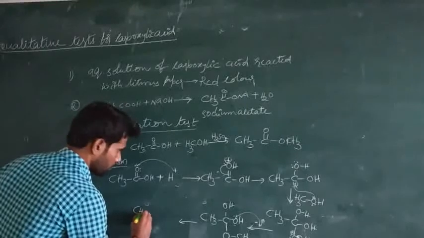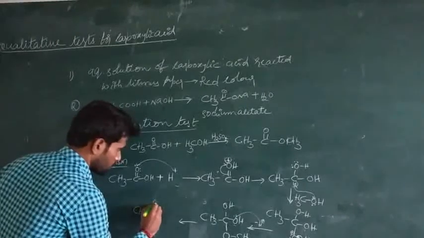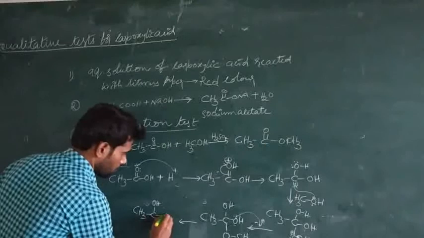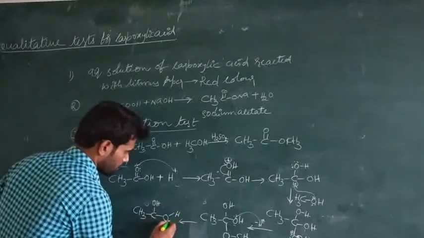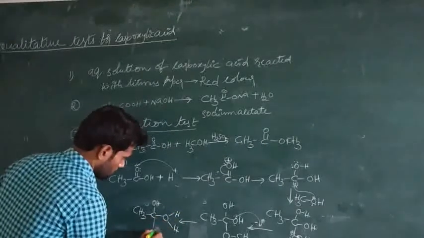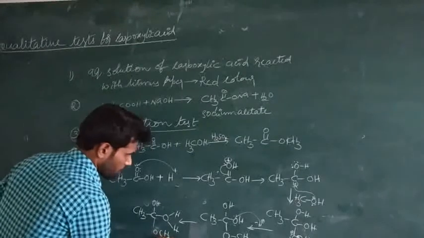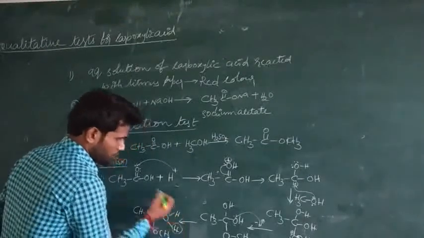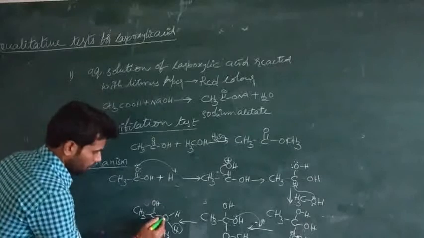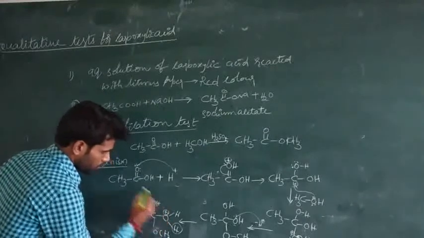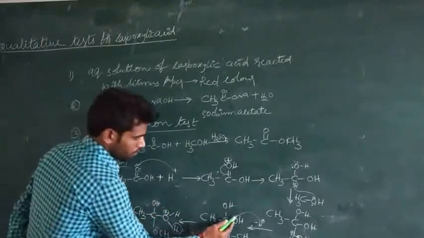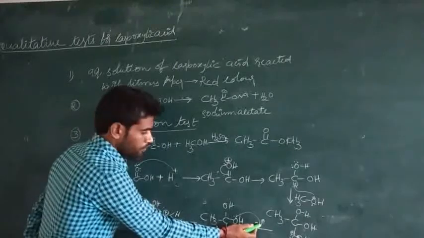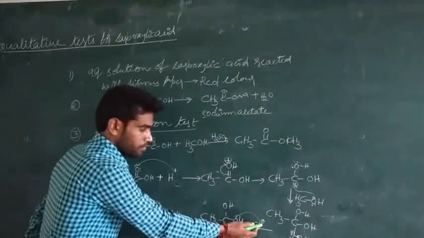CH3C(OH)(OH)OCH3. Now this hydrogen atom is attached. Now what happened? Oxygen is getting the positive charge because oxygen utilizes its lone pair of electrons to make a bond with the hydrogen atom.